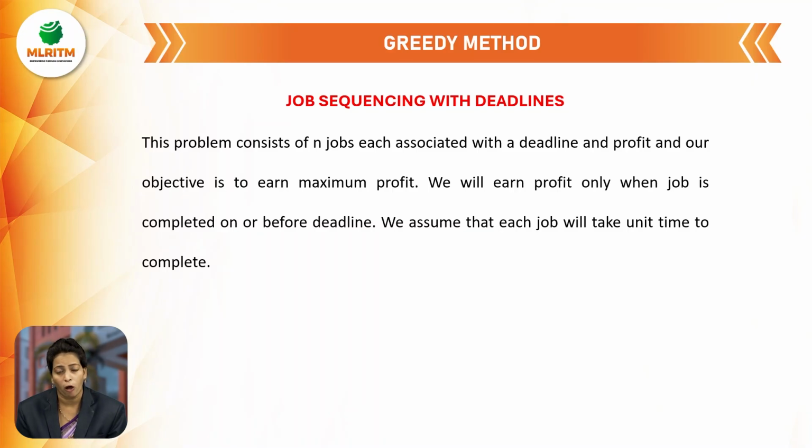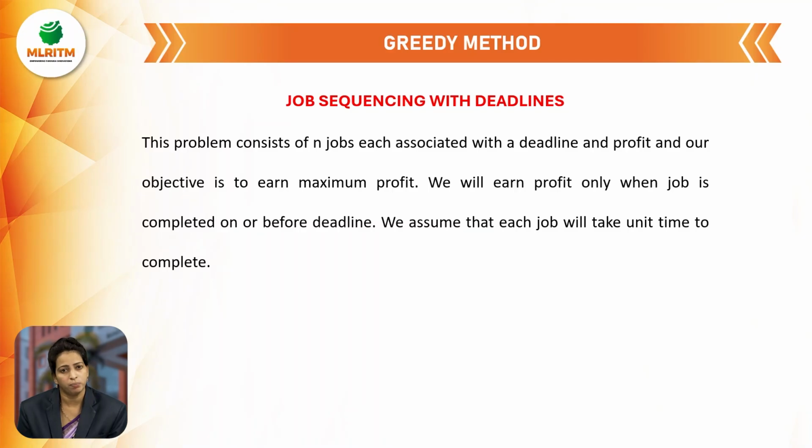The main objective of the job sequencing with deadline problem is to earn maximum profit. We will earn profit only when a job is completed on or before its deadline. That is the main goal.